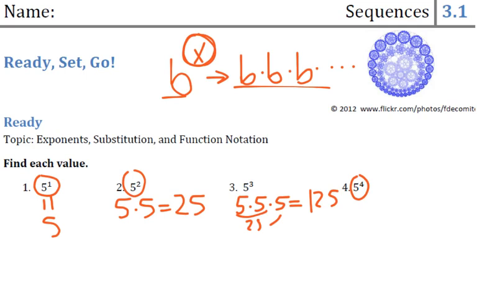And then one more, 5 multiplied 4 times. So it would be 125 times 5, which is 625.